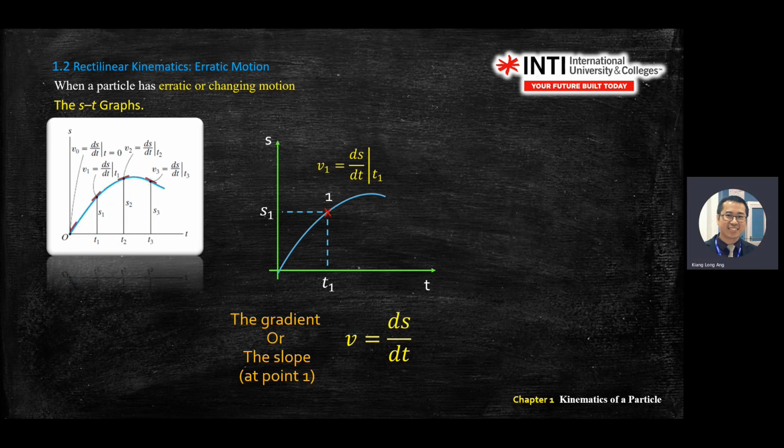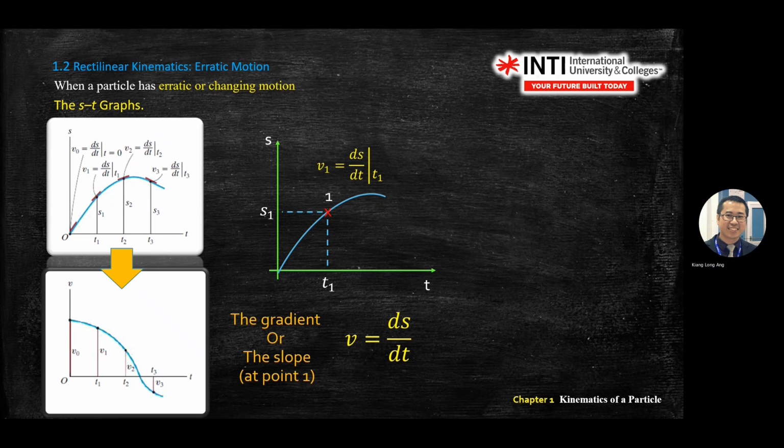Or in mathematical form, later when you become expert already, you write V1 equal to ds dt, one line. T1 means you are looking at time 1. You apply the same. So from the S versus T graph, you can get velocity from the graph.